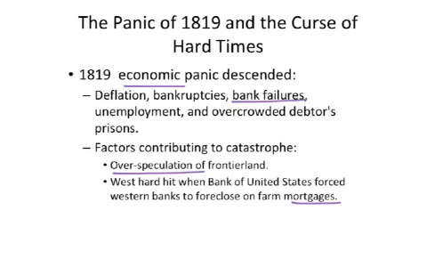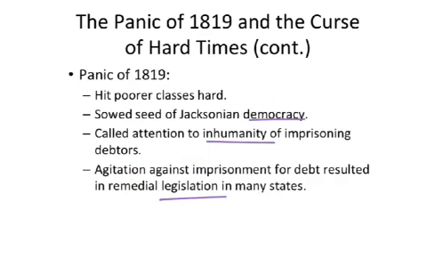In 1819, an economic panic or depression descended on the American public. Deflation, bankruptcies, bank failures, unemployment, and overcrowded debtors' prisons were all problems of the time period. Factors contributing to this catastrophe were the over-speculation of frontier land, and the West was hit hard when the Bank of the United States forced the Western banks to foreclose on many farm mortgages.